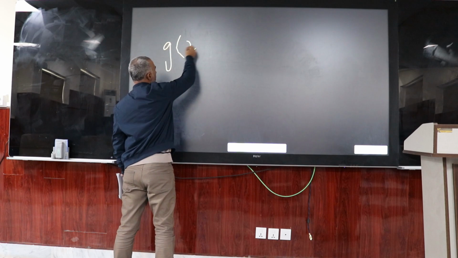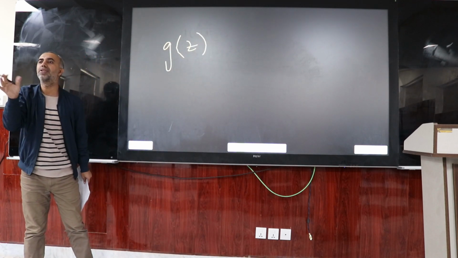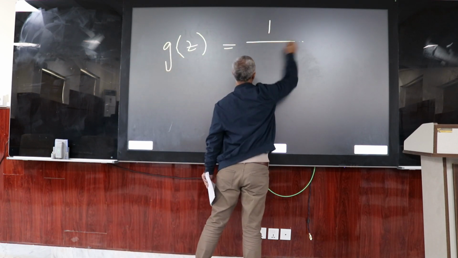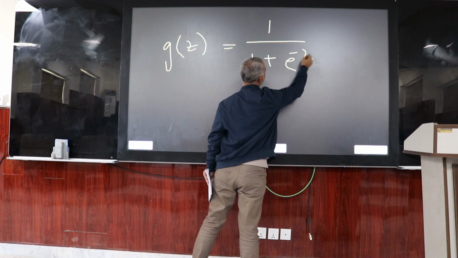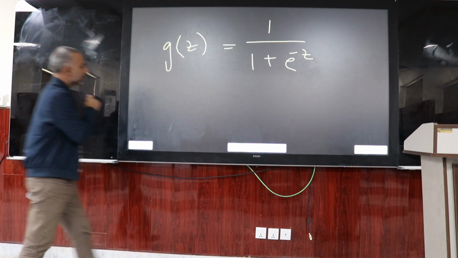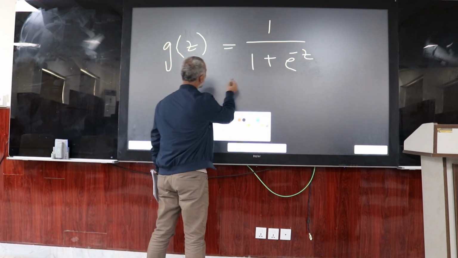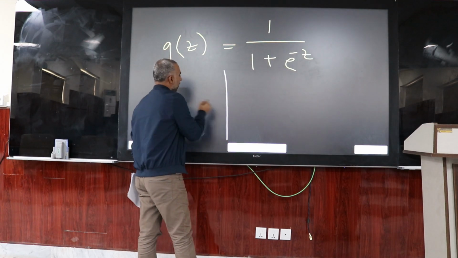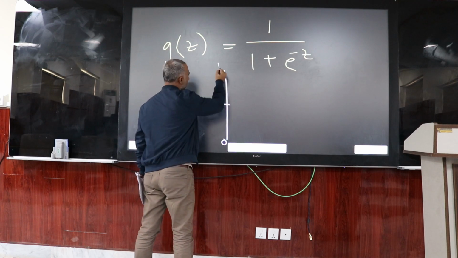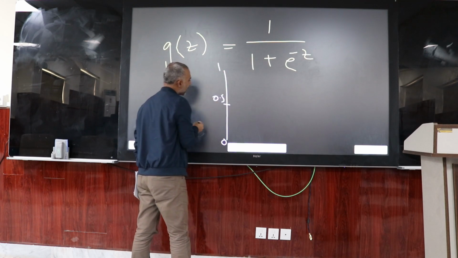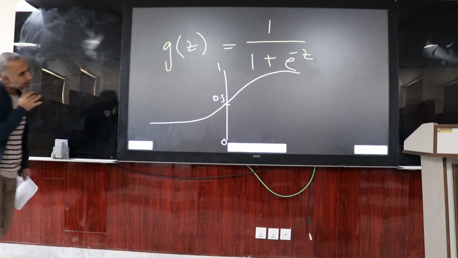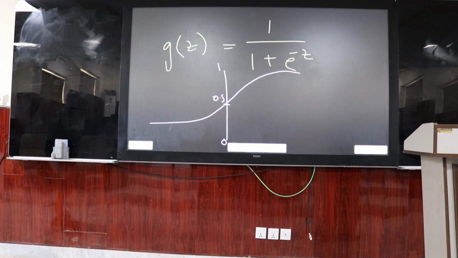You know what the meaning of z is? Z means theta transpose x, the linear hypothesis function inside. So we can write g of z as 1 over 1 plus e to the minus z. This is a very beautiful concept in itself. Suppose a line, this is 0, this is 1, this is 0.5, and the sigmoid function, you can notice, is not a straight line.